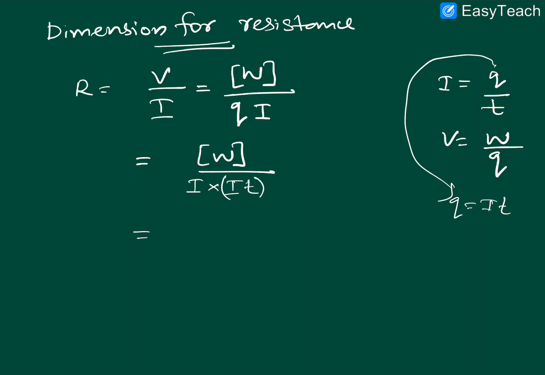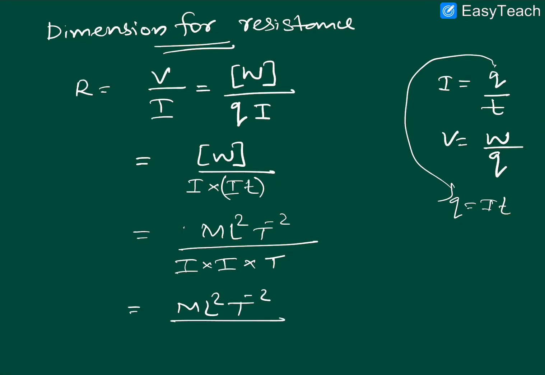Now what is the dimension of W? ML square T raised to minus 2, you studied last year, divided by current dimension, same as symbol I, there is one more I. And what is the dimension for T? T is time, so dimension for time is T. What you will get?